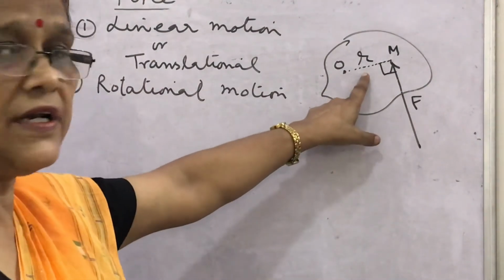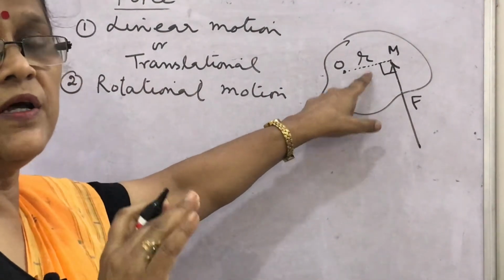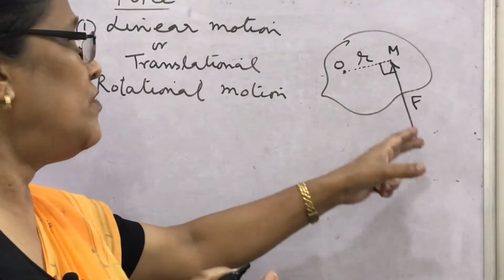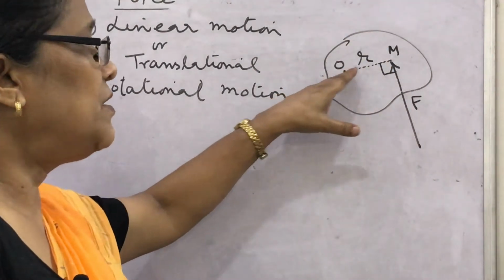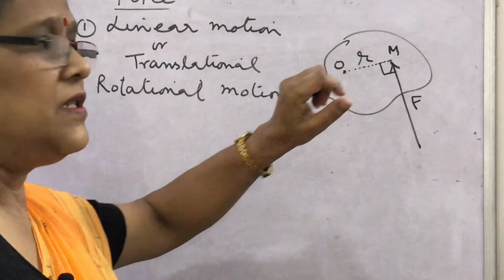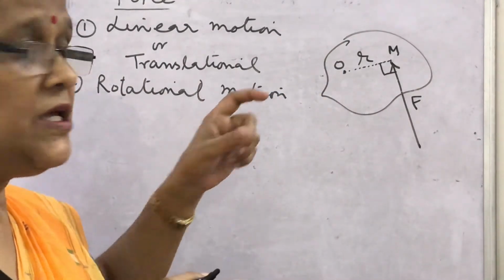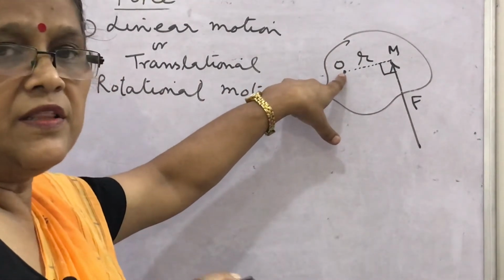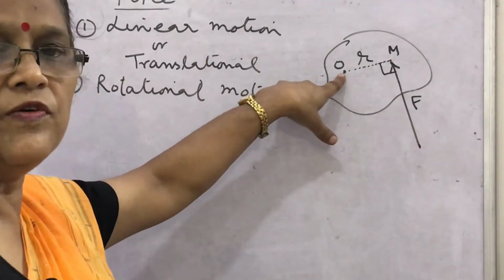Look, I have written R. What is R? The perpendicular distance of the force from the pivoted point.